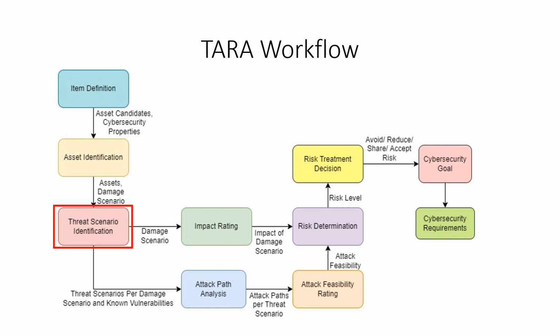So why STRIDE? STRIDE is one of the easiest, a light method, but you also have a common method, which is CIA. That can also be used as a threat scenario identification method, but this is the more feasible method.